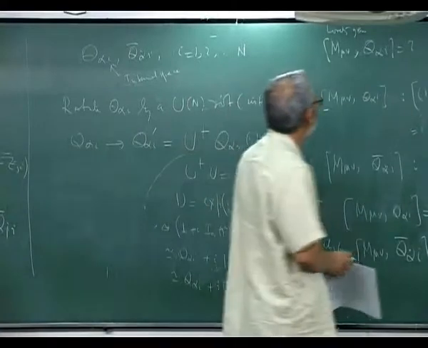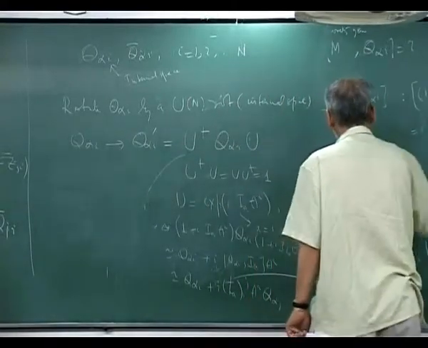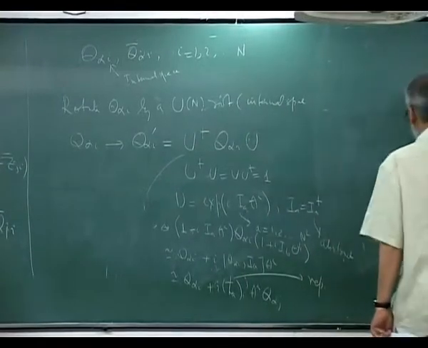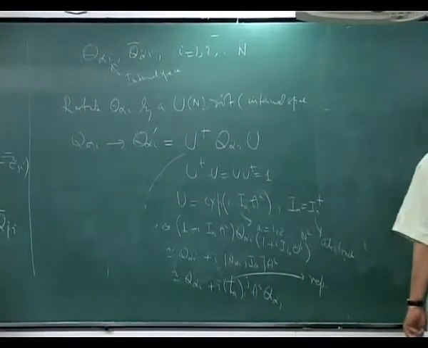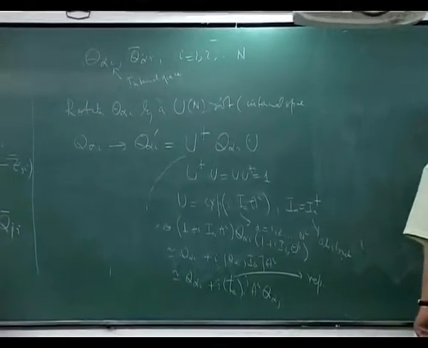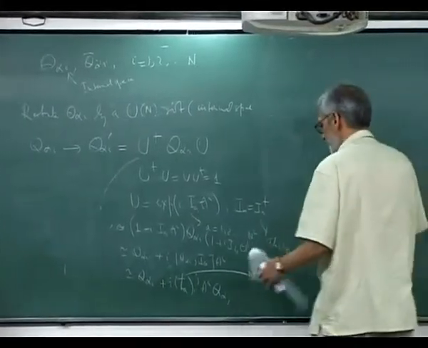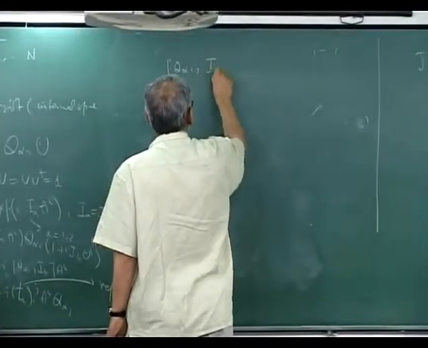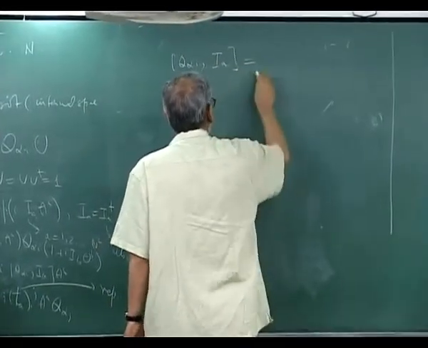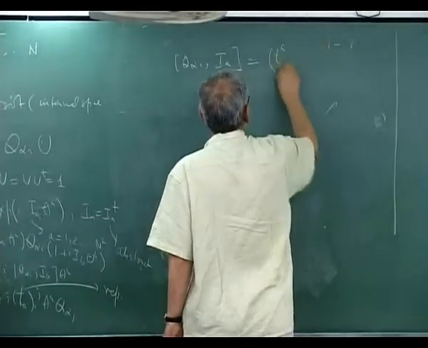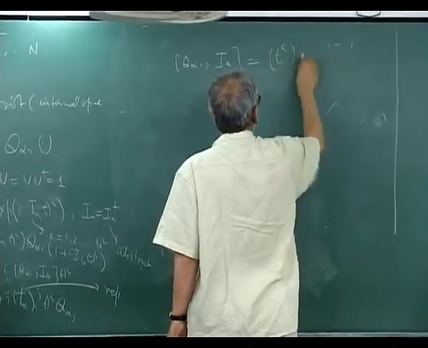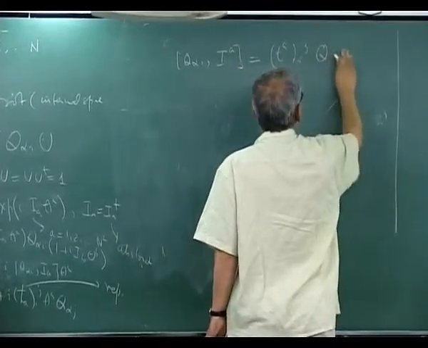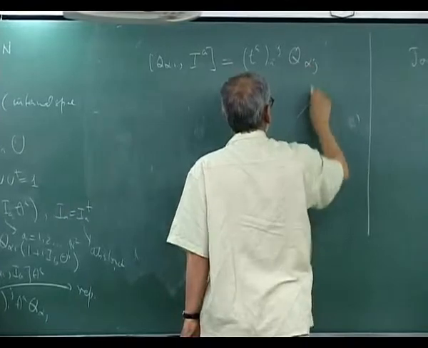That tells me the commutator of Q alpha I with the generator of the U(n) rotation is some matrix T A I j times Q alpha j.